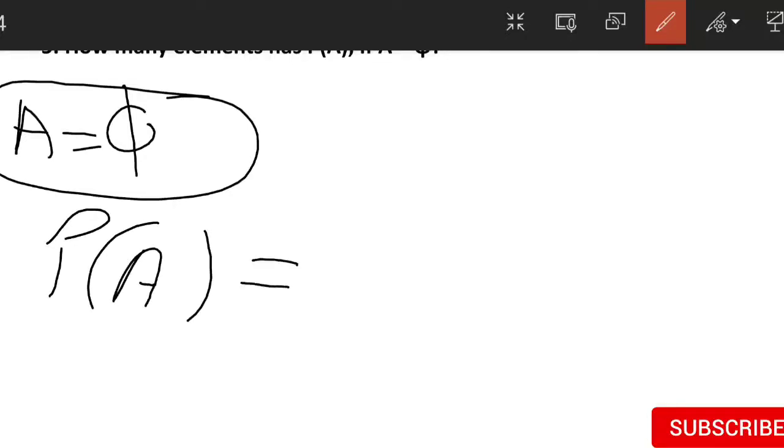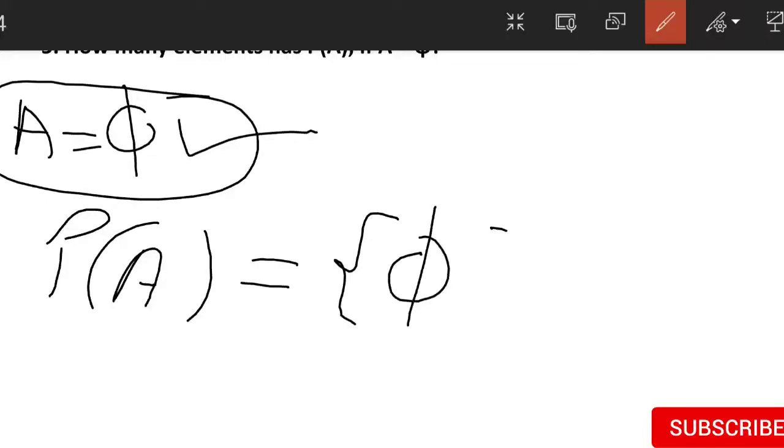So here A is our empty set and we know that empty set has only one subset, that is the set itself. And here P of A is the notation for the power set and that is nothing but collection of all possible subsets. So our given set has only one subset, that is nothing but the set itself. So here power set contain only phi.